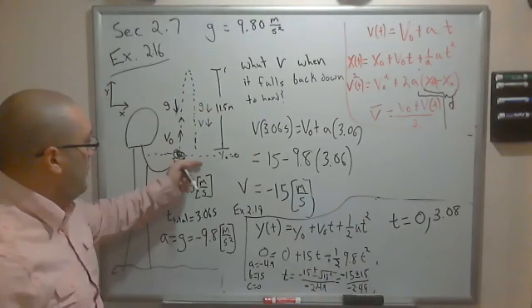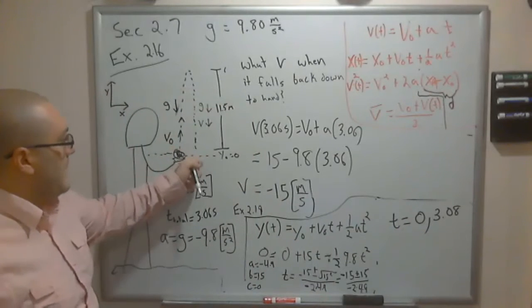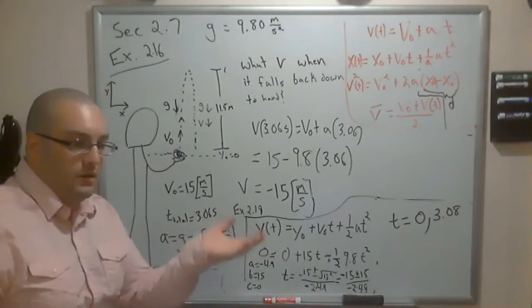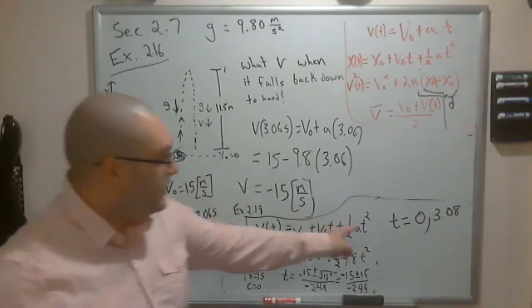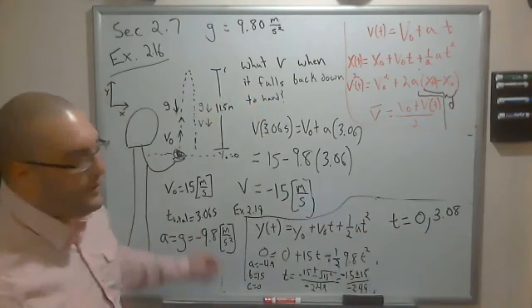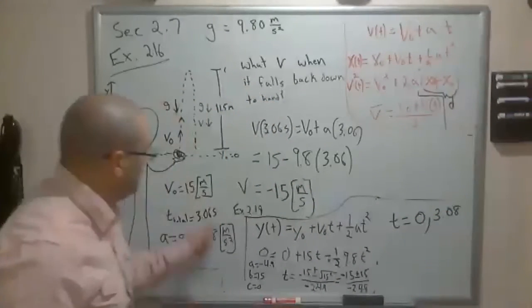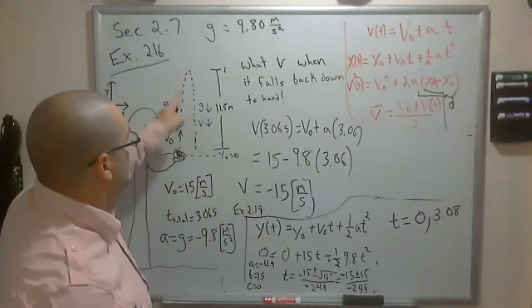Because there's two points that this ball is at y equal to 0. Well, in the beginning, right as we throw it up, it's at y equal to 0. So then that's t is equal to 0. And then again at 3.08, right, when it reaches the bottom position. That's true for any of these positions.